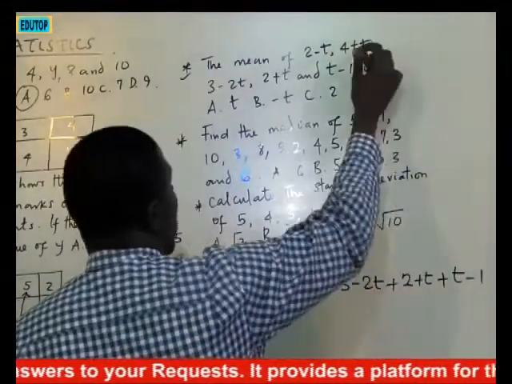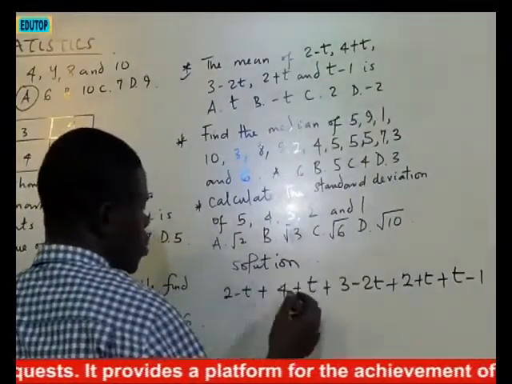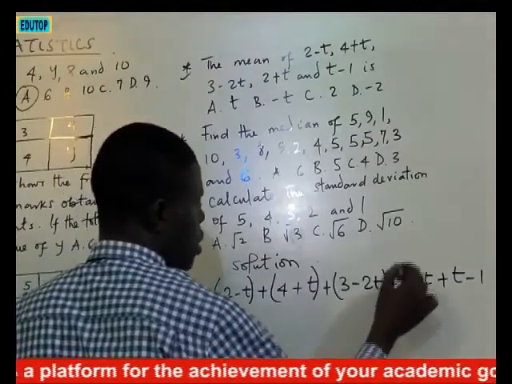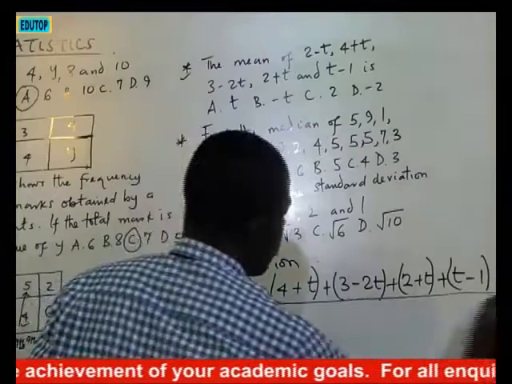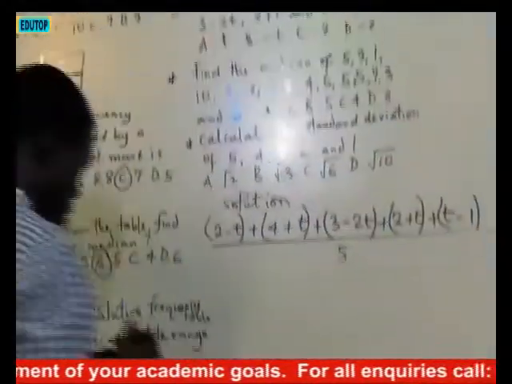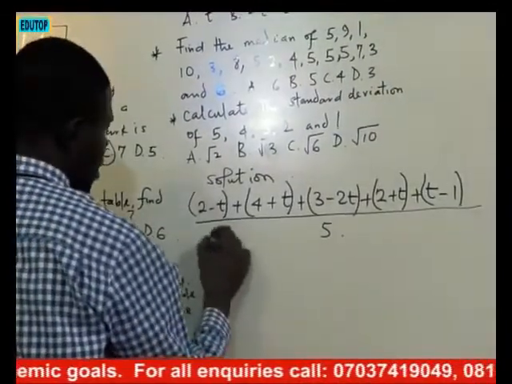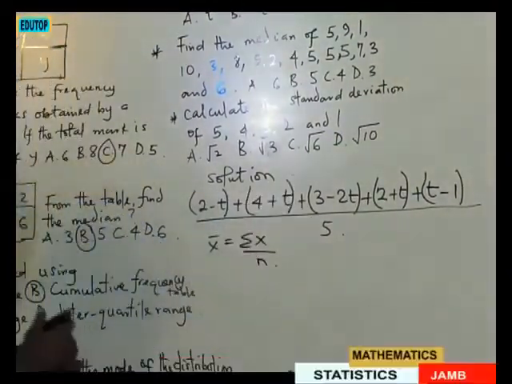How many do we have? 1, 2, 3, 4, 5. Then we divide by the number, and that is 5, because the formula for the mean is x bar equals the sum of x over n. So that has been justified there.